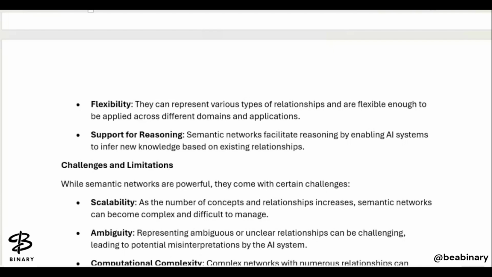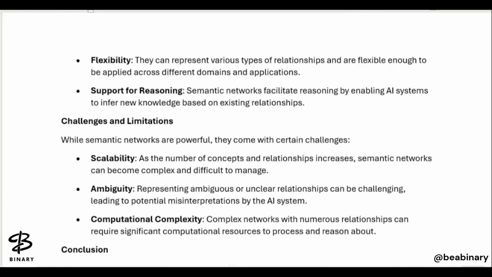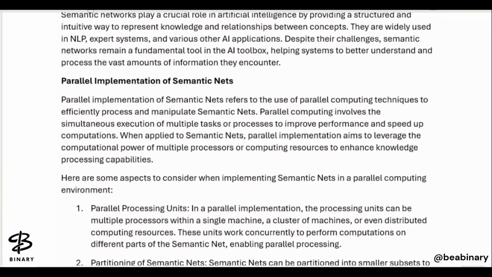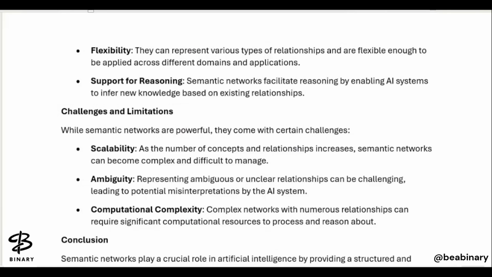Right? So tomorrow we will discuss frames, and the parallel implementation and the partitioned implementation of a semantic network. In the partition we are talking about distribution, and in the parallel we are talking about parallel processing, where everything will be executed or processed at the same time.